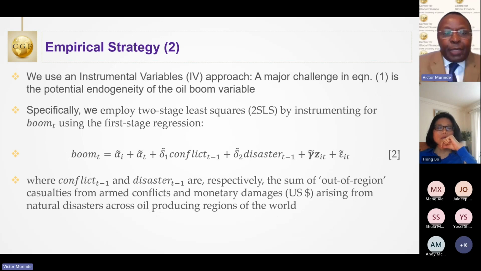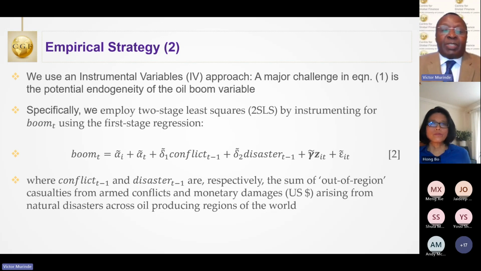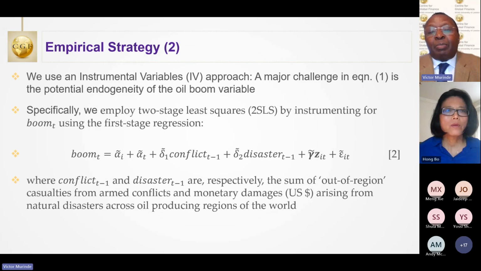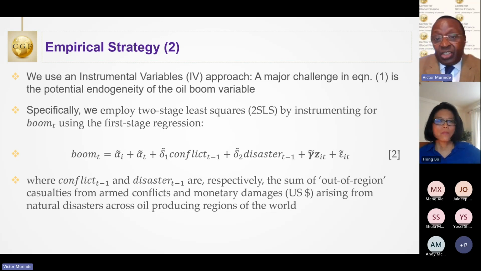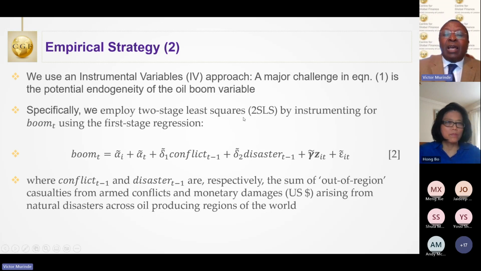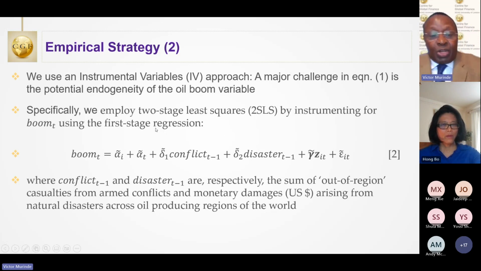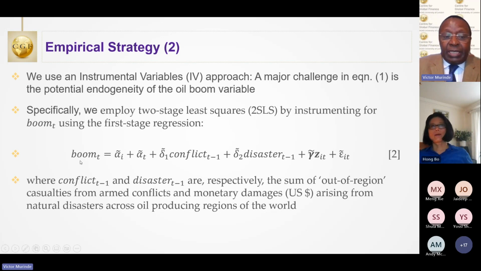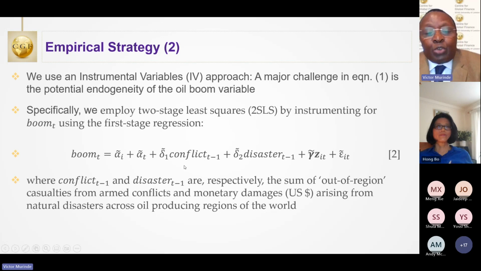In terms of empirical strategy, we do appreciate the possibility of potential endogeneity of the oil boom variable in our specification. So we use an instrumental variable approach to address this challenge. Specifically, we employ a two-stage least squares approach by instrumenting for the boom variable, whereby we first do a first-stage regression of the boom variable on a number of variables, and in particular identify two variables.